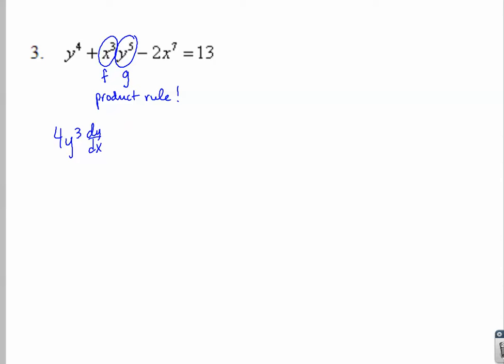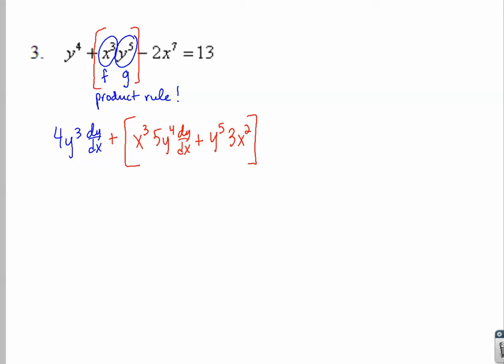In this part, the product rule, first times the derivative of the second. y to the 5th becomes 5y to the 4th, but it's a y, so I say times dy/dx. Plus second, y to the 5th times the derivative of the first, 3x squared.